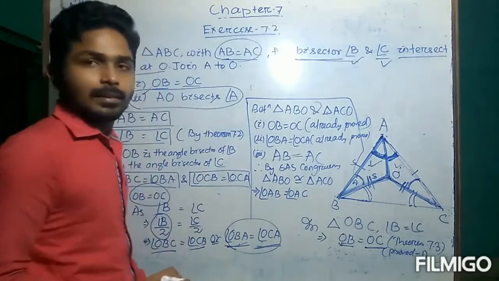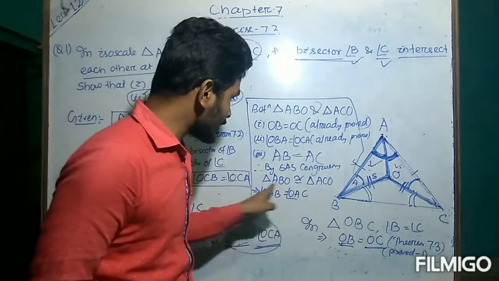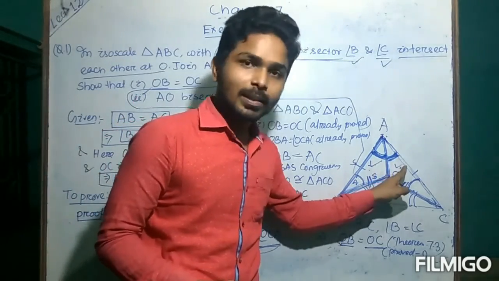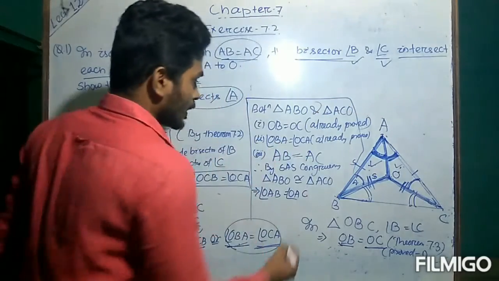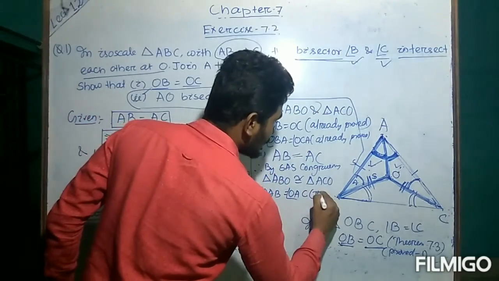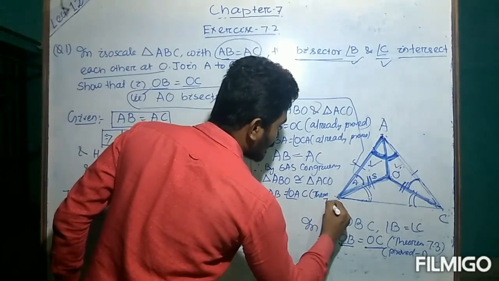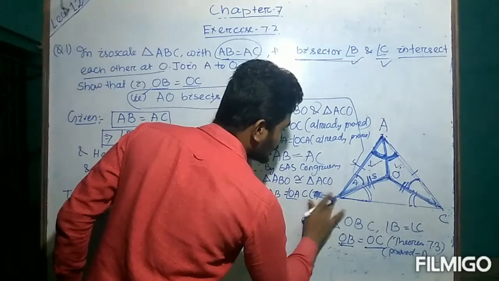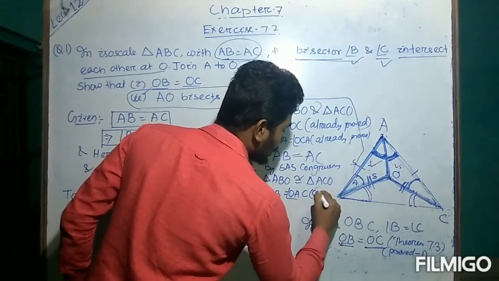Do you understand? We get it from this concept. Since these two triangles are congruent, the angles must be equal. You can write theorem axiom 7.2.